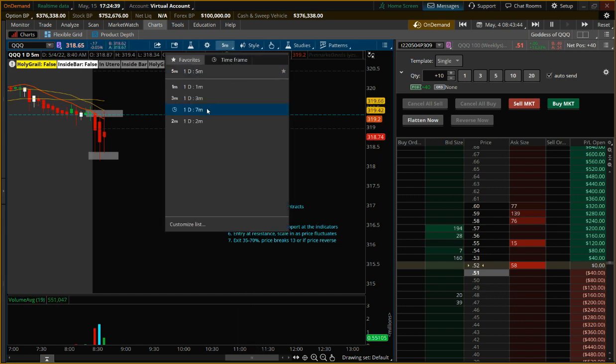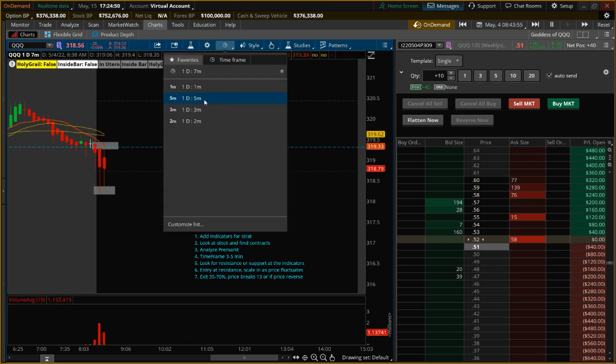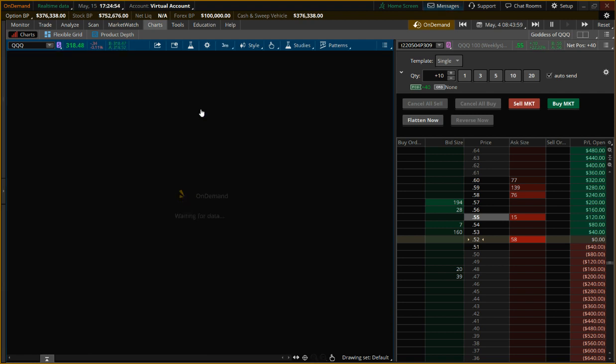And I also check the 7-minute time frame. 7 minutes showing the same thing, bearish. The hardest thing is the patience waiting for these candles to close.